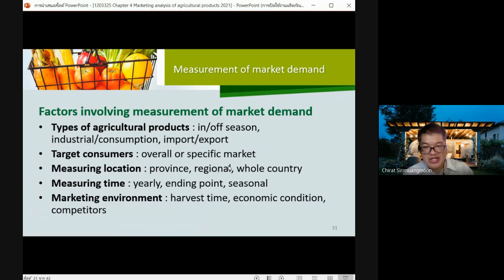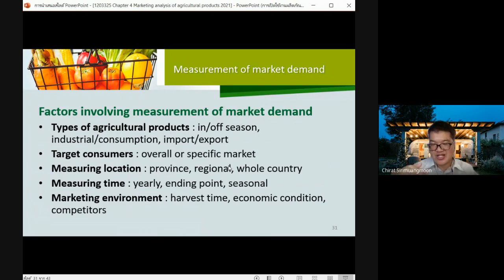Your competitor is a challenging thing because competitors are trying to have more market share. So you need to measure your market demands maybe every 6 months, or I would say some companies measure the market demands by showing the market share every 3 months, like 4 times per year, in order to see when your market share is reduced.